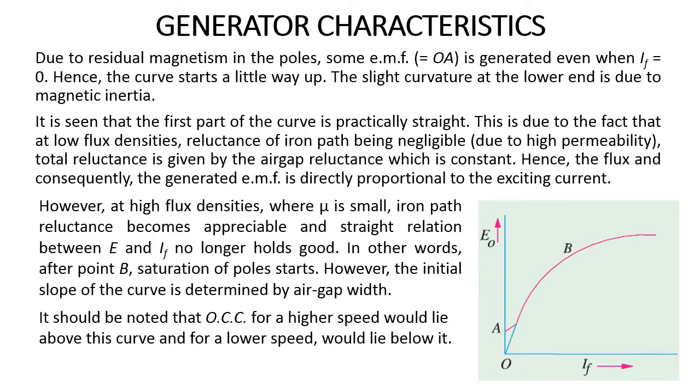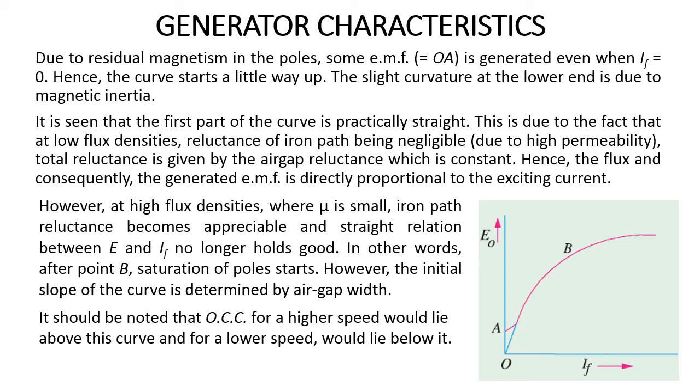If you observe the OCC of self-excited DC generator, the OCC characteristic starts a little way up, that is, initially even if the field current is 0, we can get some EMF. From the characteristic, the voltage is OA. This is due to residual magnetism present in the poles.